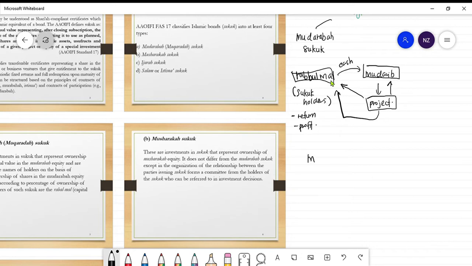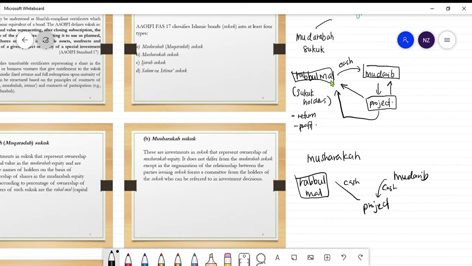But in musyarakah, the rabbul mal provides cash into the project, and the mudarib not only provides labor or technology to manage the project, but also provides cash. So both provide cash in the project.